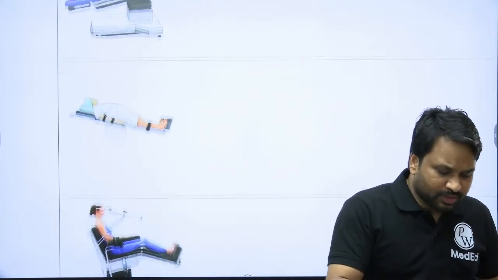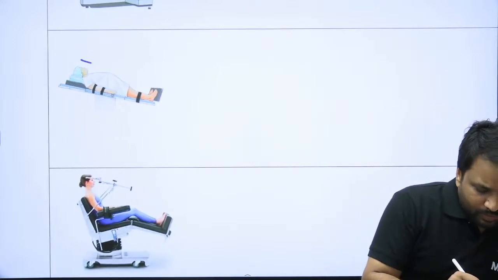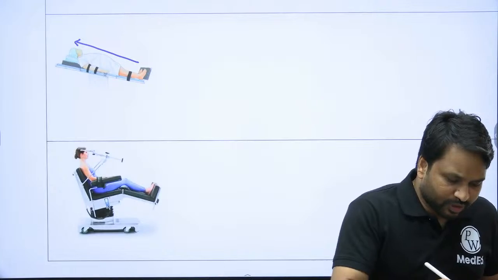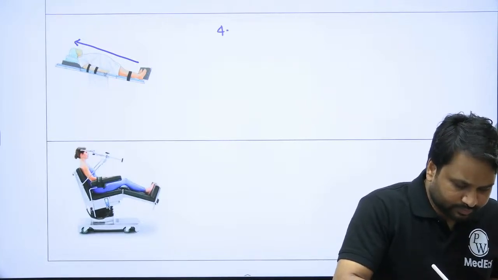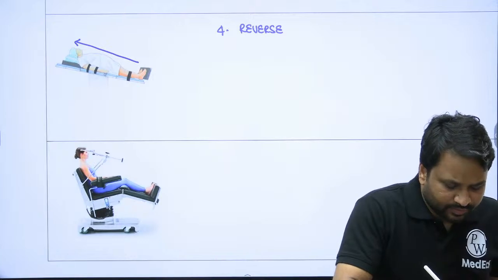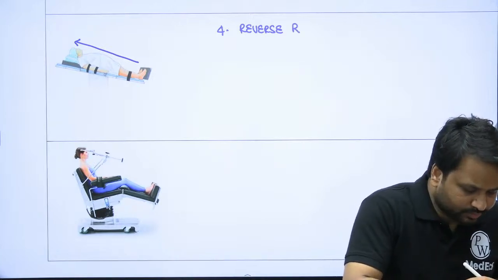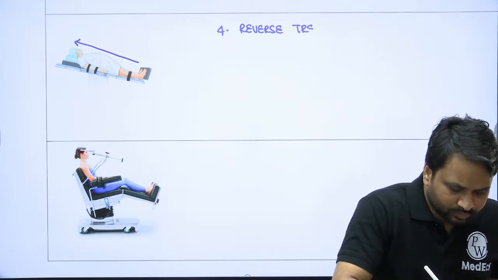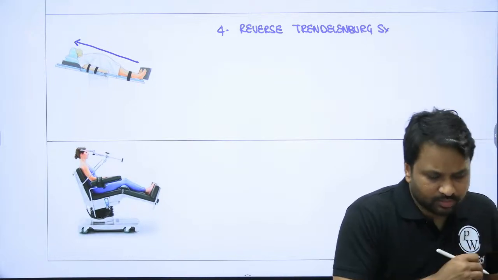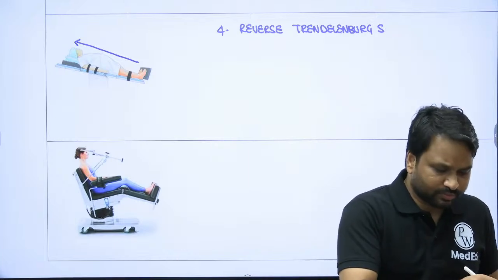What is the opposite of Trendelenburg, where the head is now pointing upwards, the head up position? This is what we call the reverse Trendelenburg position.